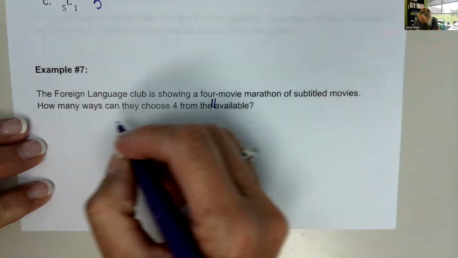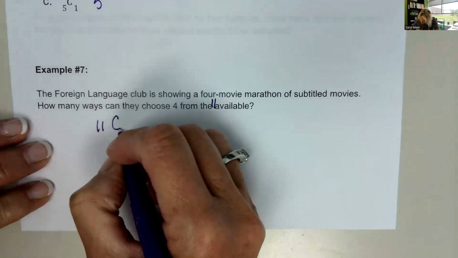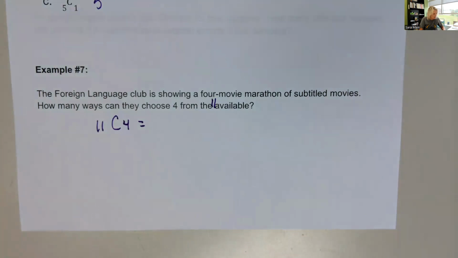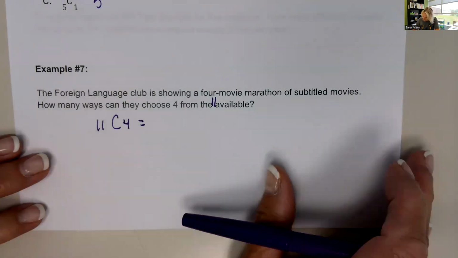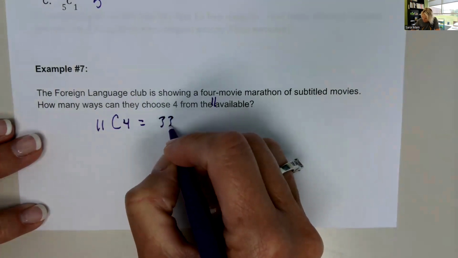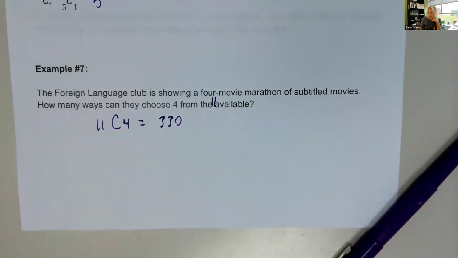So there's 11 to choose from, and we're choosing 4. So we're going to go to Desmos and paste, and I'm going to do 11 choosing 4, because order does not matter. So there's 330 ways they can choose those 4 movies.